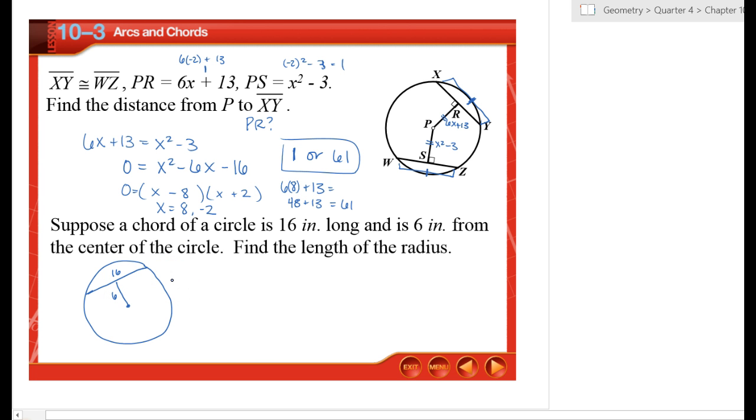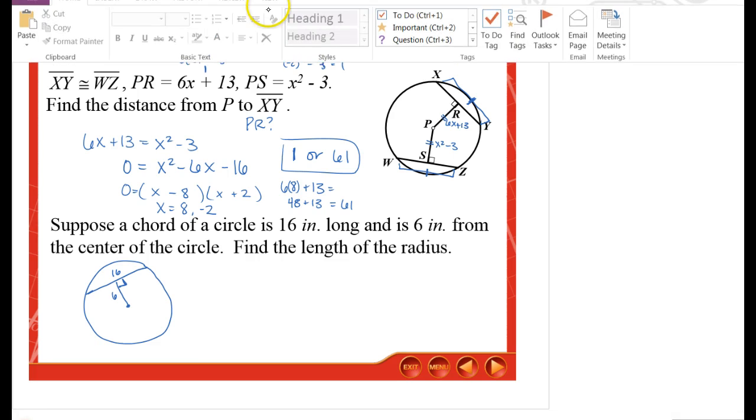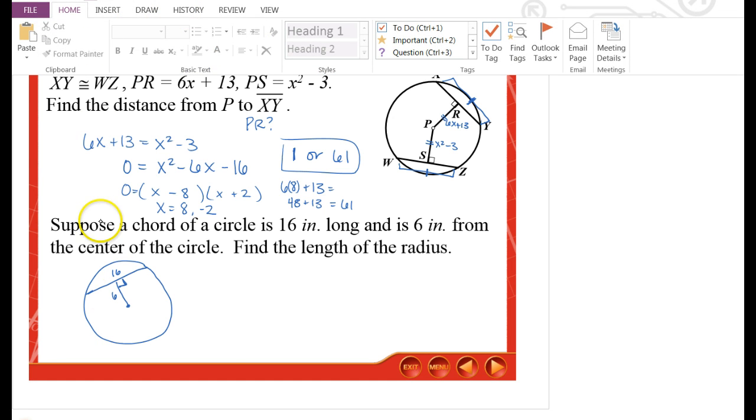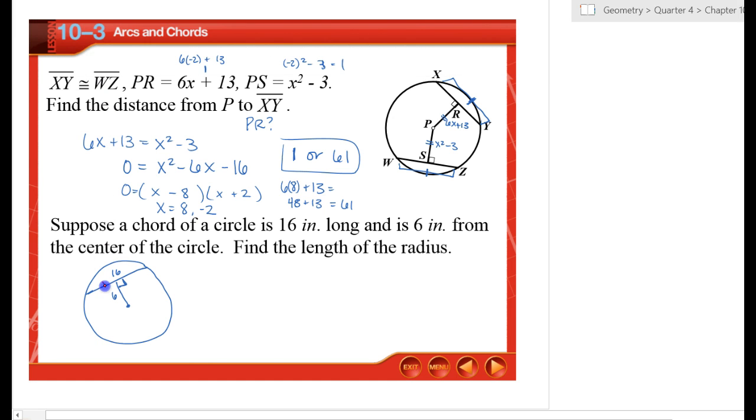Now remember, when I'm talking about distance from the center, it's got to be perpendicular. So that means I can cut this in half, and it's 8 and 8. Because perpendicular from the center is a bisector.